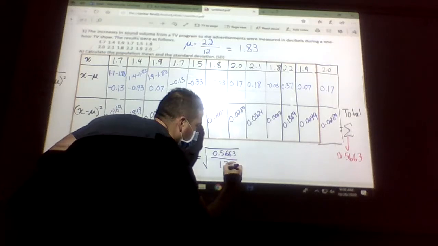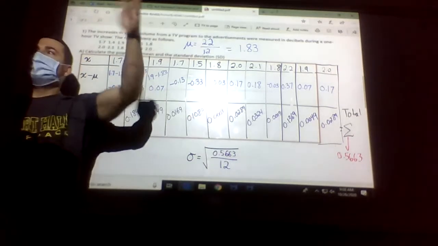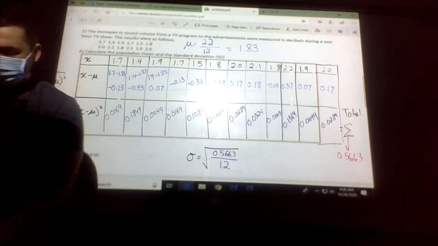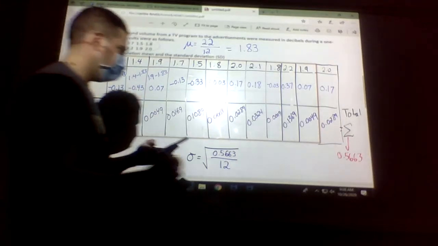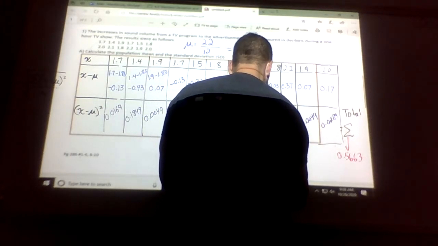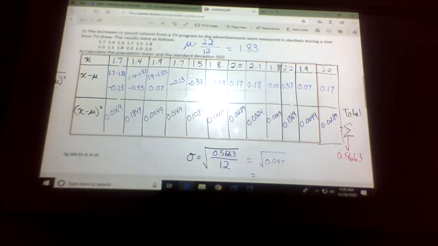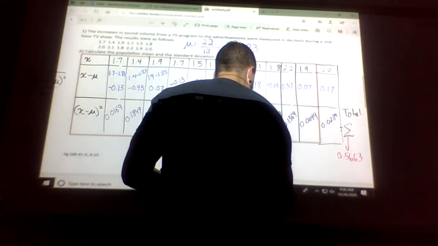So you divide by 12. So 0.5663 divided by 12 is 0.047. And the last step, square root it. So I get 0.22 rounded.